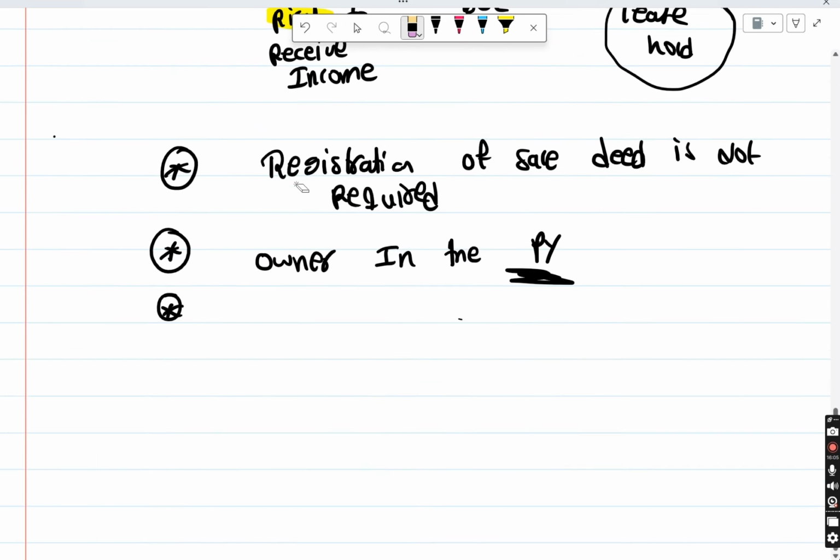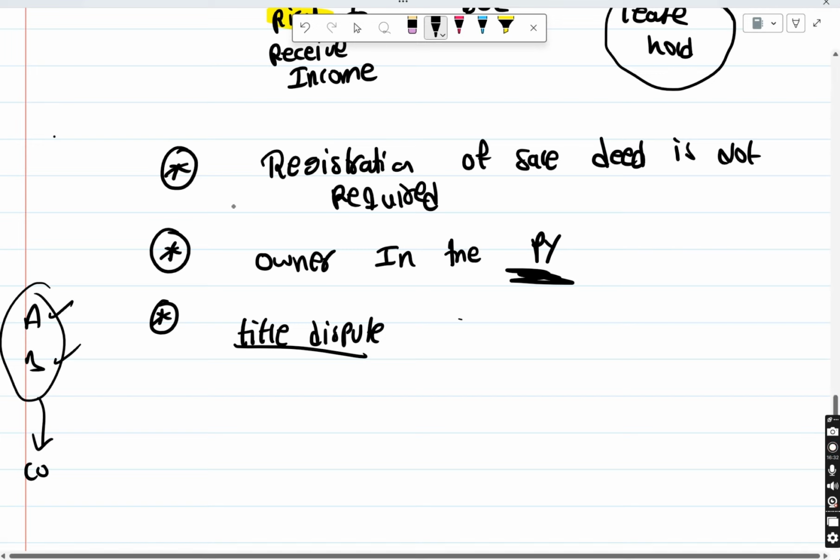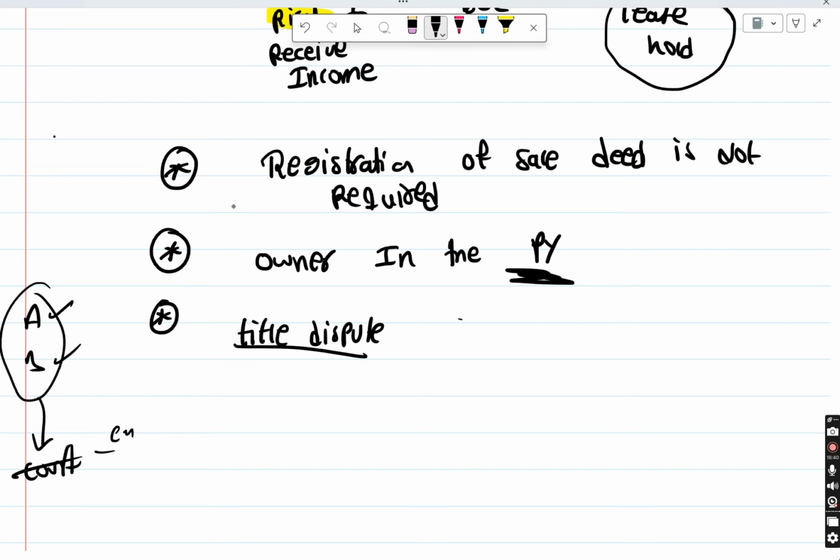Next one, this is the last one. These are only theoretical, and this pretty much does not affect our questions. Whenever there is a title dispute, let's say A and B, maybe brothers, dispute who should be the owner of the property, so they went to the court. Court will take maybe 3 or 4 years. Until then they are receiving some income from that property.